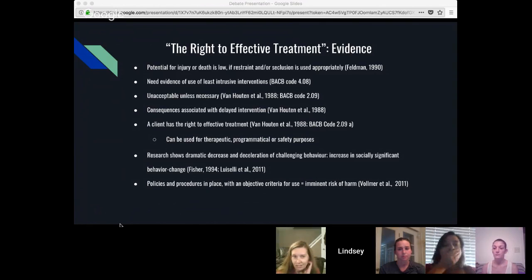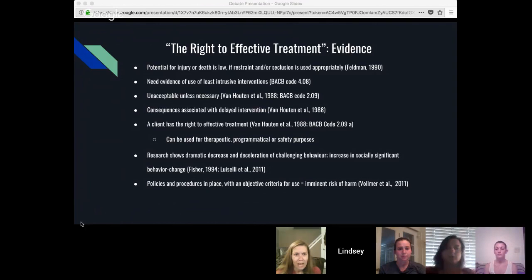Our federal regs and the ABAI's position on the use of restraint and exclusion again remind us that for the use of any restrictive interventions, we need to have mandatory staff training, competency and mastery-based techniques, and ongoing monitoring and supervision involved. So that should be happening. We should avoid potentially dangerous and ineffective interventions.